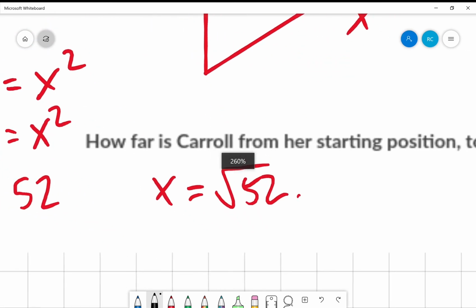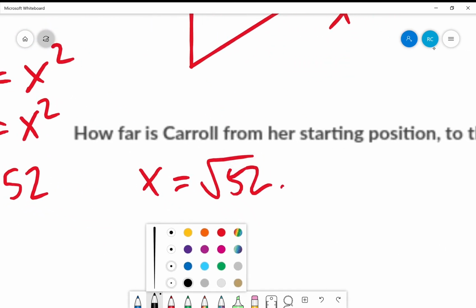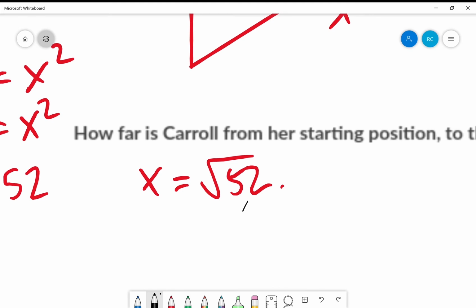Let's zoom in on 52 really quick. Remember that I do want to keep my square root. I don't want to plug this into a calculator because it's going to give me a decimal which I will have to round, making it inaccurate. But I do want to see if there's anything I can do to simplify this.